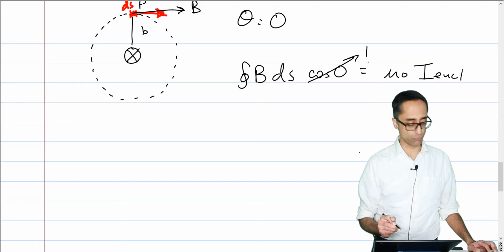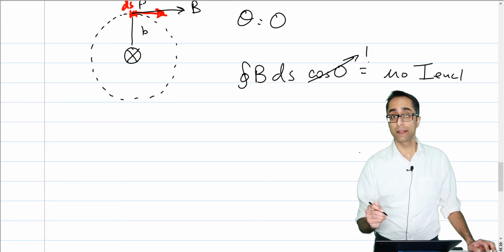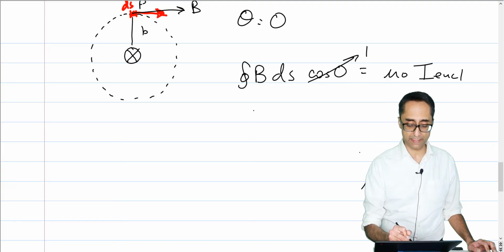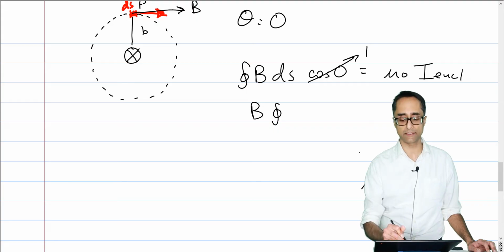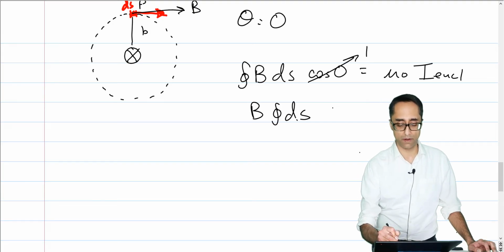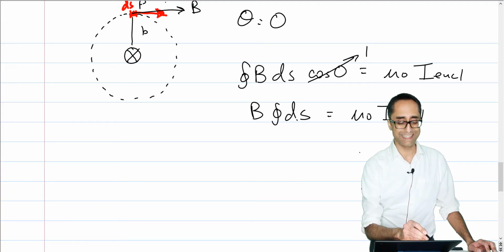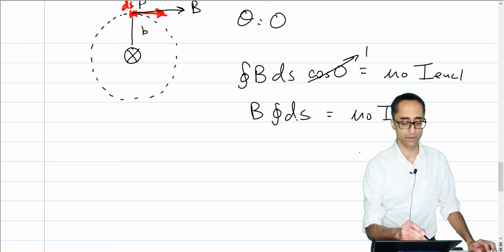Cos of 0 is 1. Guess what happens to the B in the integral? Just as the E was able to slip out of the integral because it was independent of ds, or dA in that case, B is independent of ds and comes out of our integral. And finally, what is the integral of ds? That's right, just S.